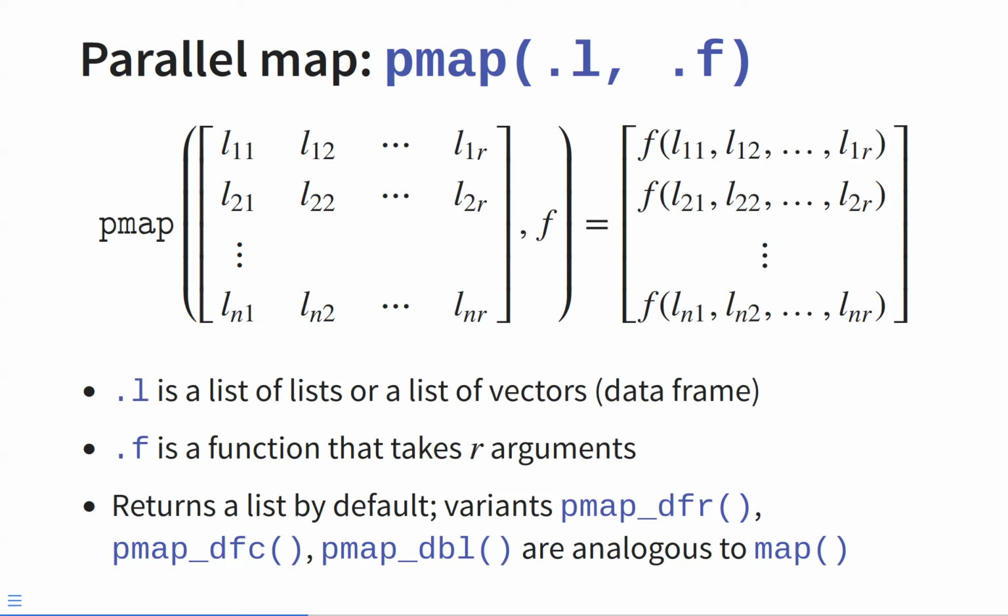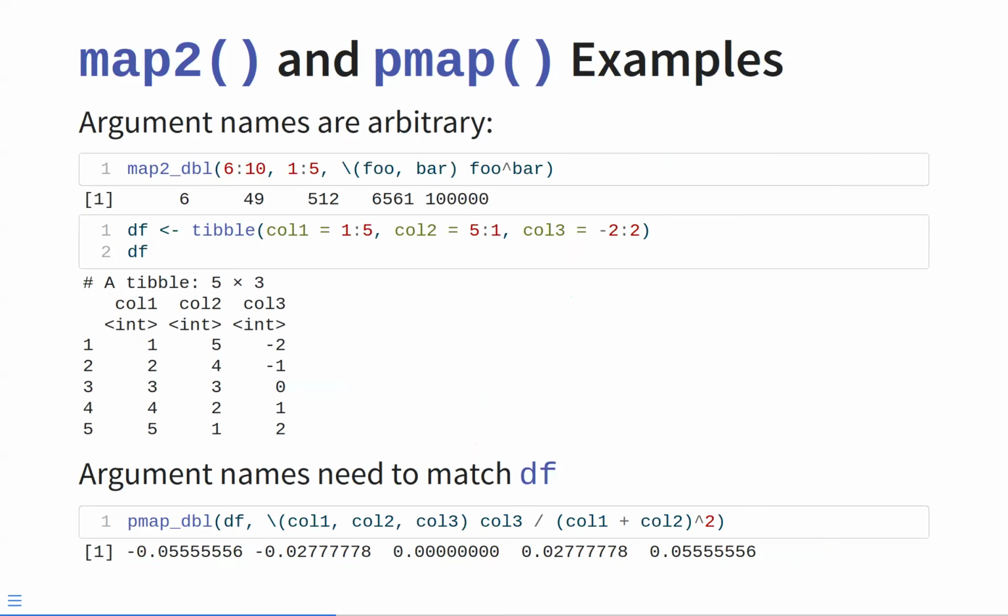So the function f takes in L11, L12, all the way up to L1R, and I return the output of that. Then I do the same thing for the second row, L21, L22, L2R, and so on. This function returns a list by default, but again, there are variants that are analogous to the things that we've seen before.